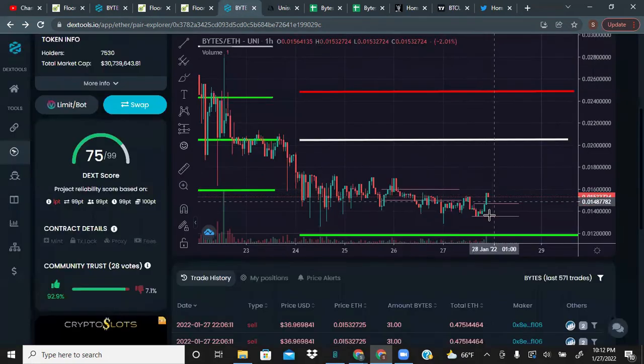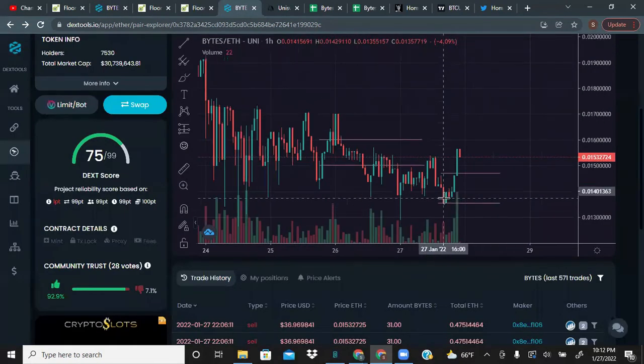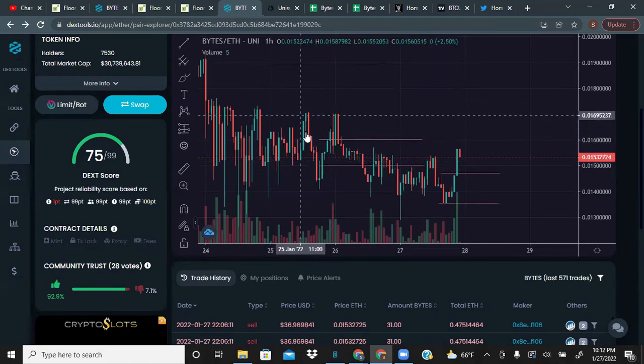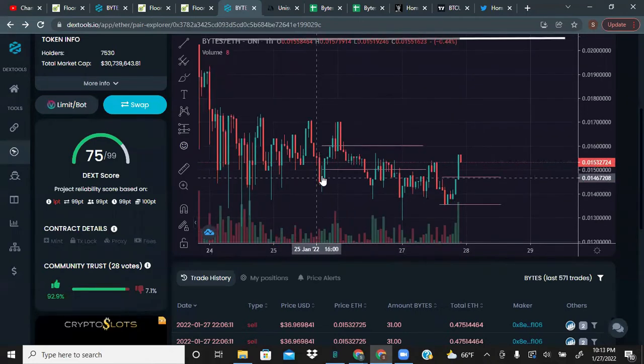So let's just go ahead and get into what I wanted to talk about, which is impermanent loss. Just to go over my position, over the last 2 days, I had a position here that did pretty well between these ranges. As we dipped below this number here, 0.015, I was in all bytes at this moment. I had about 500 bytes from my previous farming, and I decided to put those bytes to work.